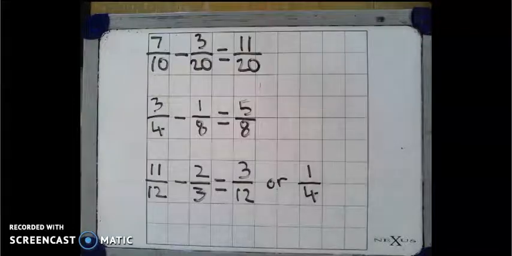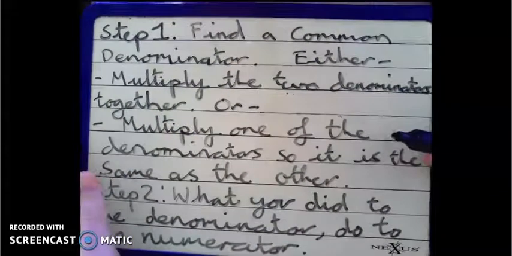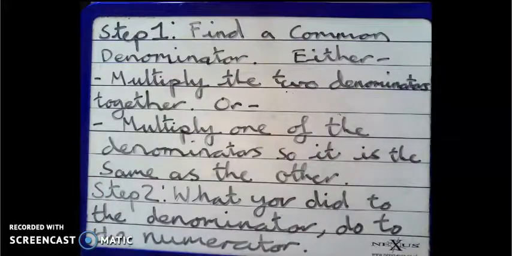Let's go through those steps to success one last time. To subtract a fraction which has a different denominator, we must first find a common denominator. You can do this either by multiplying the two denominators together or multiplying one of the denominators by something so that it is the same as the other.